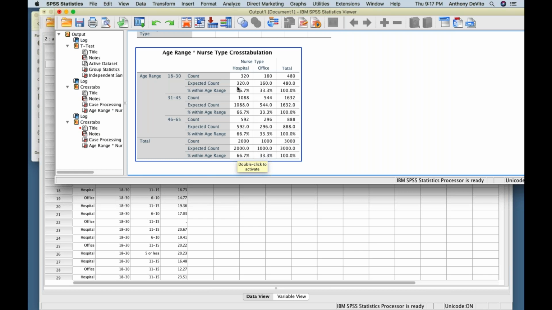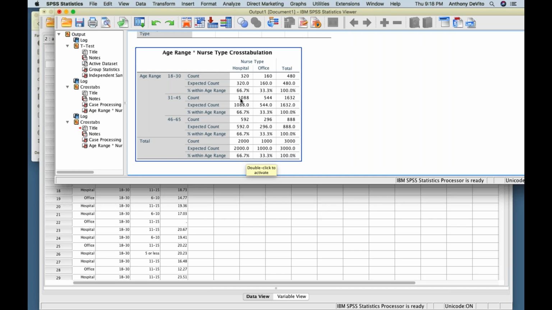So 67%, and in fact, for this age range, 18 to 30, wow, it's exactly 1/3. The observed value is 320, and the expected value, if there's no difference in the rate at which you would work in a hospital based on age group, would be 2/3 of the total for that particular group. Okay, it is for this one.